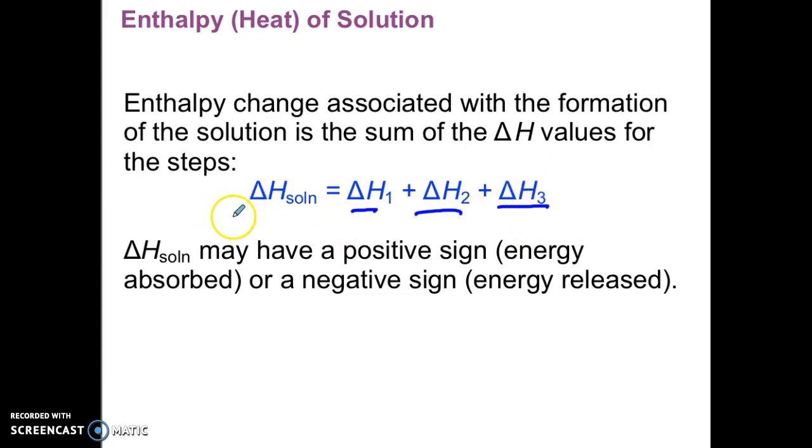That delta H of solution may overall have a positive sign or a negative sign, which still indicates the way the energy is moving, if it's an endothermic or an overall exothermic reaction. But we can look at individual energies in order to get to that delta H of solution as well.